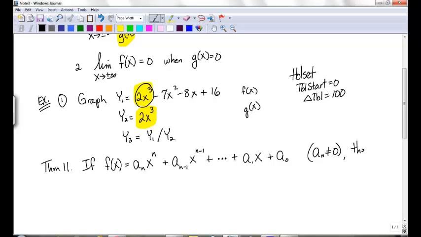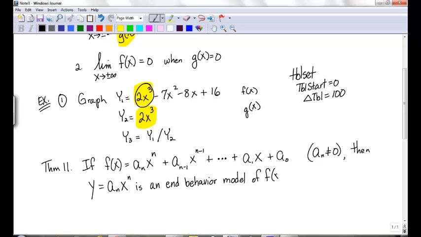Then y equals a sub n x to the n is an end behavior model of f of x.